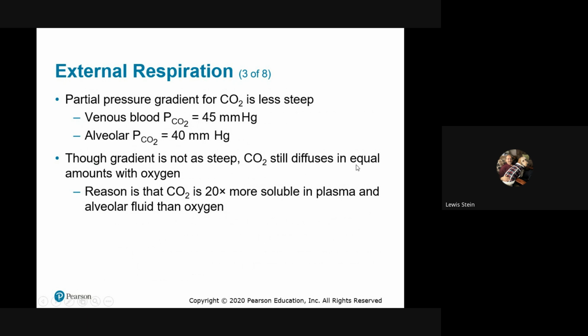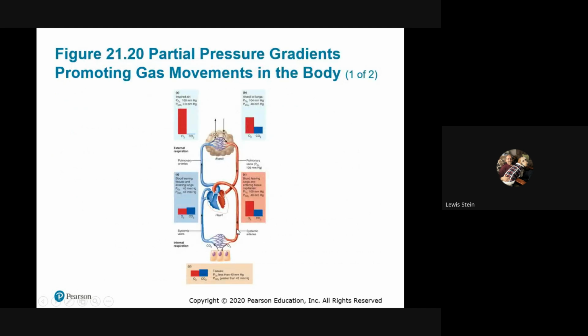CO2 still diffuses equal amounts. Carbon dioxide is 20 times more soluble in plasma and alveolar fluid than oxygen. The PO2 is about 100 versus 40, so you have a difference of 60 millimeters of mercury, where on the CO2 side it's 5 millimeters. So the solubility effectively neutralizes that number.